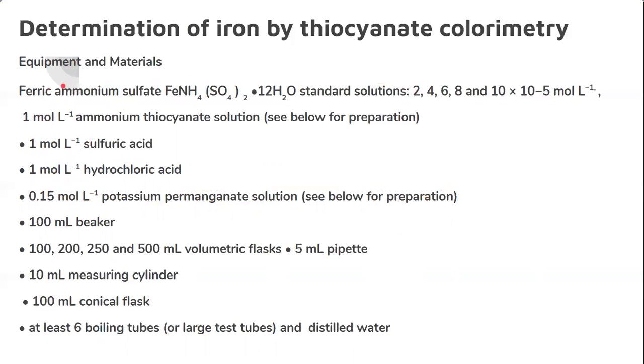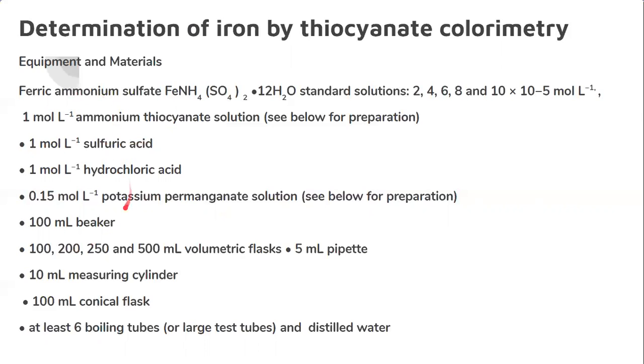In our experiment, we require ferric ammonium sulfate, ammonium thiocyanate, and sulfuric acid or hydrochloric acid, whichever it may be, to maintain acidic pH conditions. Under acidic pH conditions only, the ferric ions react with thiocyanate to give a complex of blood red color. To maintain that acidic medium, we require either sulfuric acid or hydrochloric acid. So there is no need for the potassium permanganate solution.